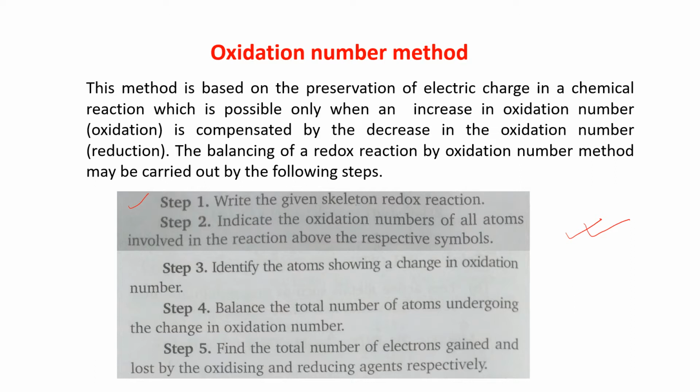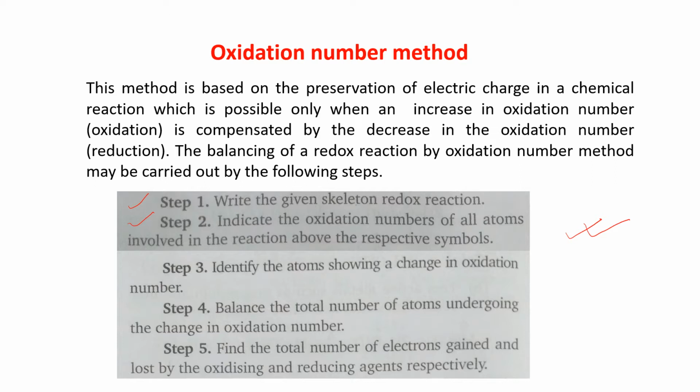Step number 2: indicate the oxidation numbers of all atoms involved in the reaction above the respective symbol. That means you have to write the oxidation number of all the elements in that reaction.